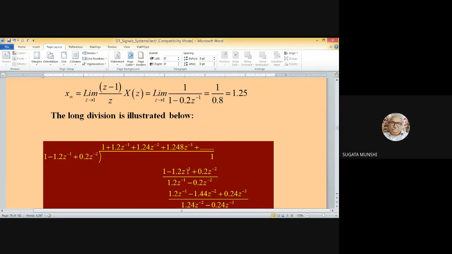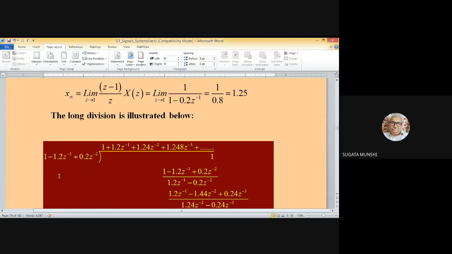If you subtract this from 1, what do you get? 1 minus 1 will vanish. Then it will have 1.2 z to the power minus 1 minus 0.2 z to the power minus 2, which has to be divided by that polynomial. So you must generate a term which is 1.2 z to the power minus 1.